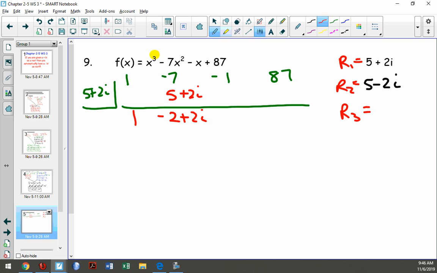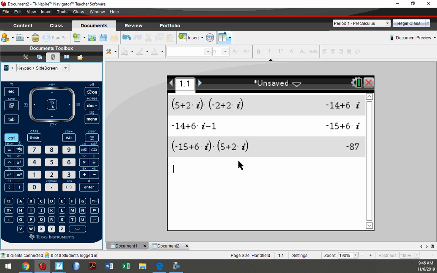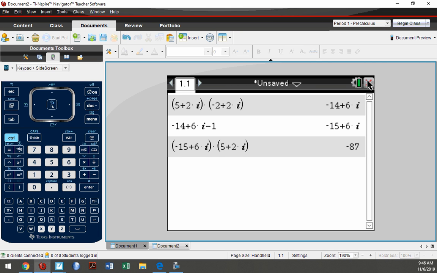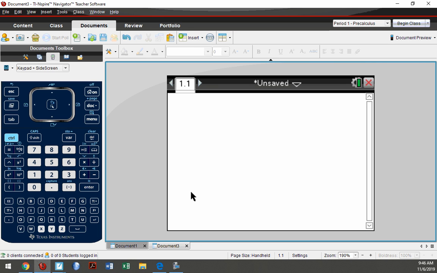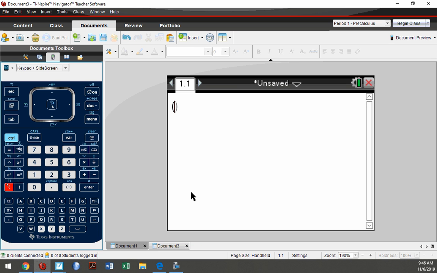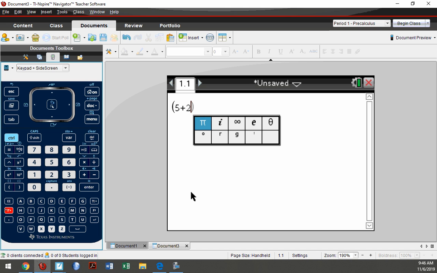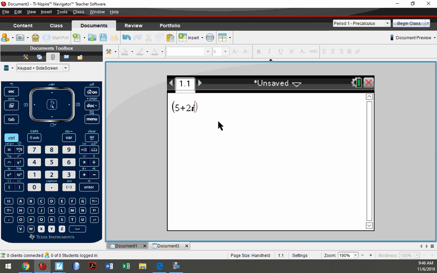Now, pull up your graphing calculator. I'm going to go home and get a new document. I want a calculator page. And you're going to put parenthesis 5 plus 2, go to the left of the H key and hit the pi key, and you want your i key.